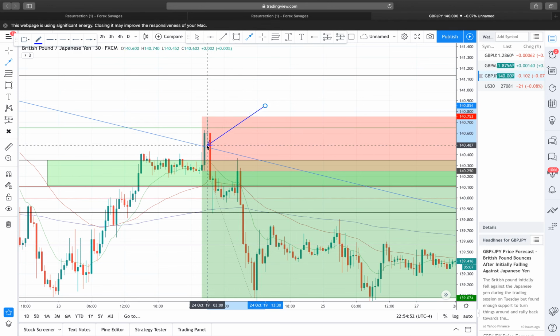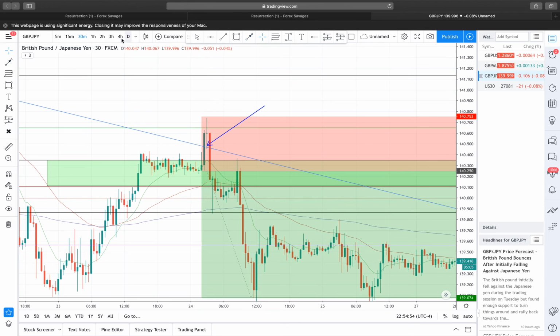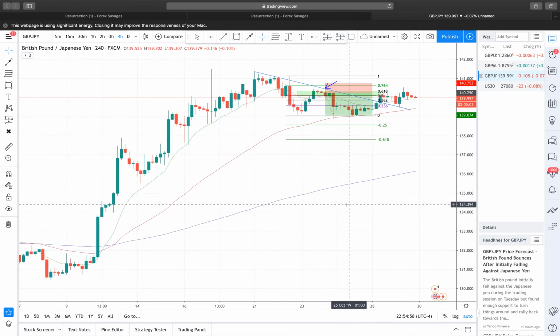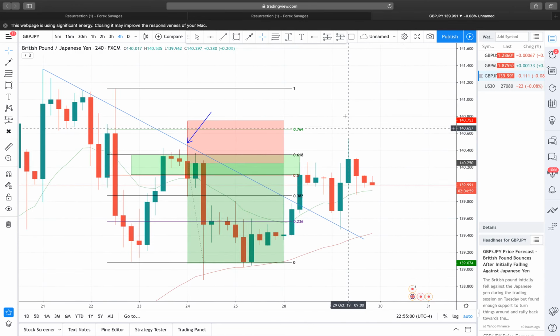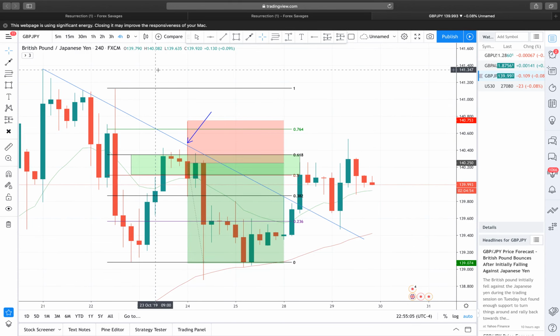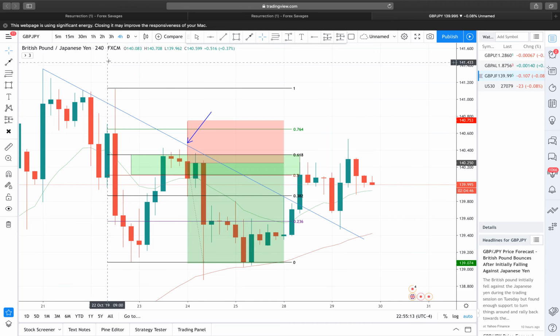But since this is a 4 hour trend line, if we break and retest it on the 1 hour, but we don't break and retest it on the 4 hour, as you guys can see, a big wick, you can't just go in there and go for a long, because since we're drawing it on the 4 hour, the 4 hour chart is way more powerful than the 1 hour chart trend line.